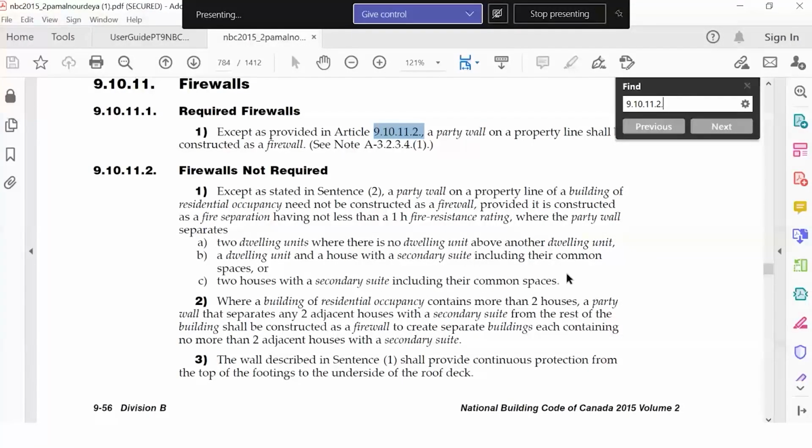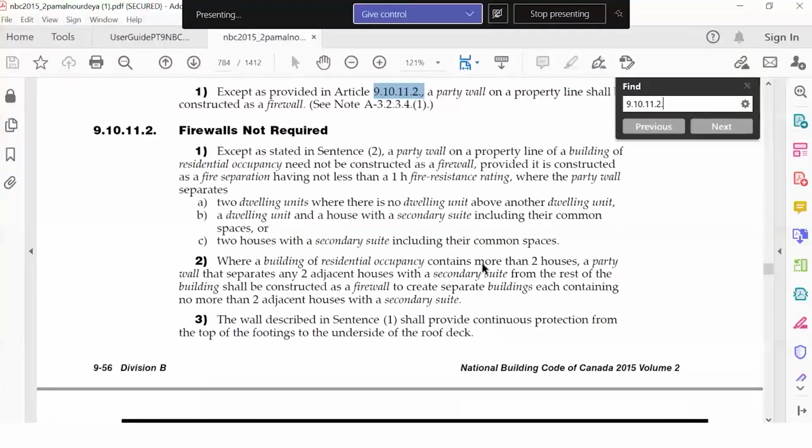Where a building of residential occupancy contains more than 2 houses, a party wall that separates any adjacent 2 houses with a secondary suite from the rest of the building shall be constructed as a firewall to create separate buildings, each containing no more than 2 adjacent houses with a secondary suite. So this is the only time where you control the number.